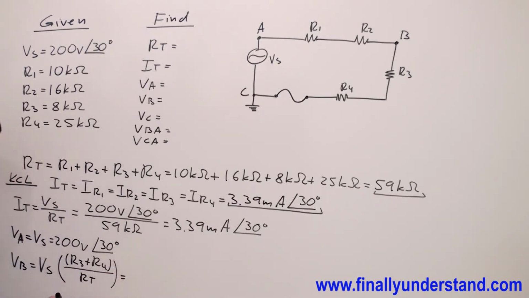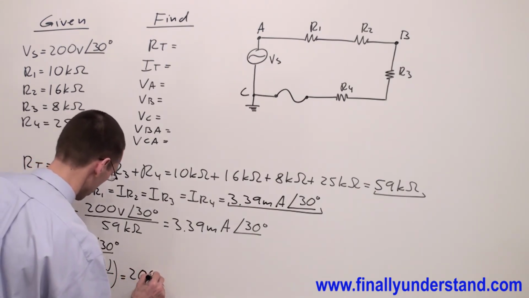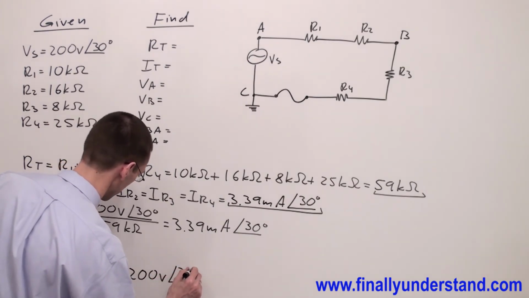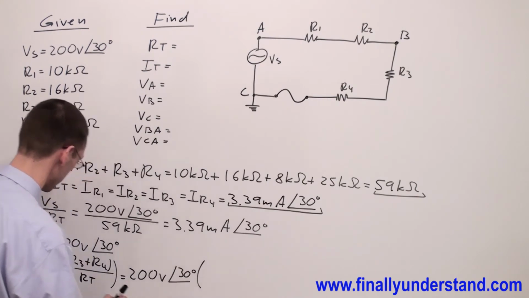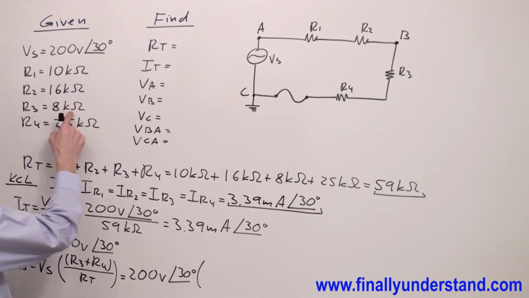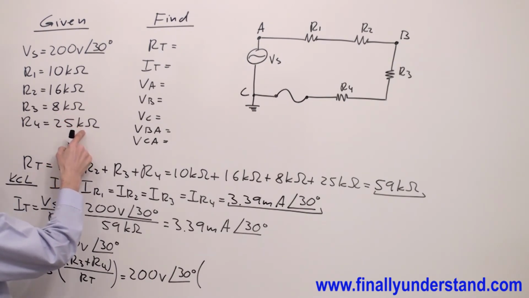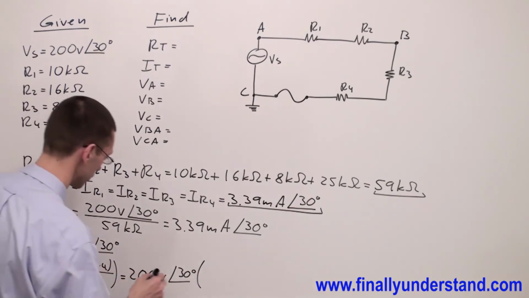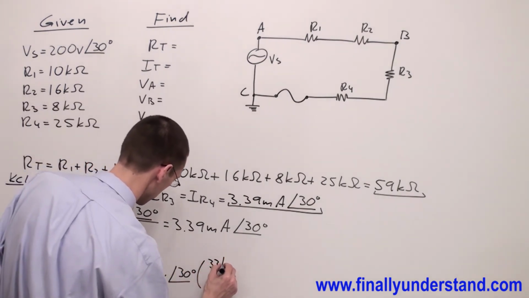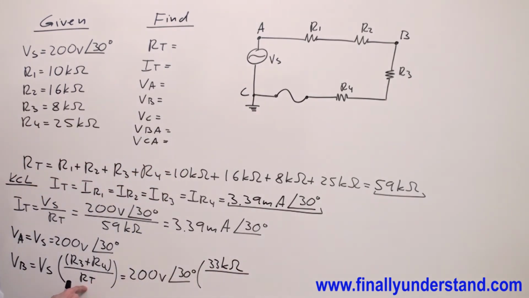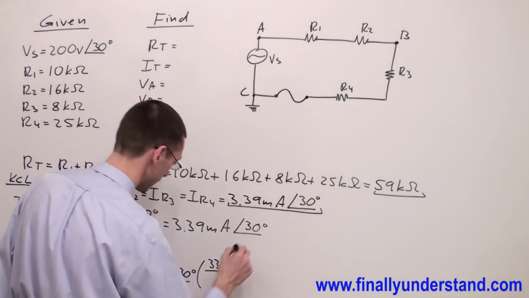Okay, this is going to be equal to the voltage source, 200 volts and angle of 30 degrees, times R3 plus R4, 8 kilo ohms plus 25 kilo ohms is equal to 33 kilo ohms, over R total, we found R total is equal to 59 kilo ohms.